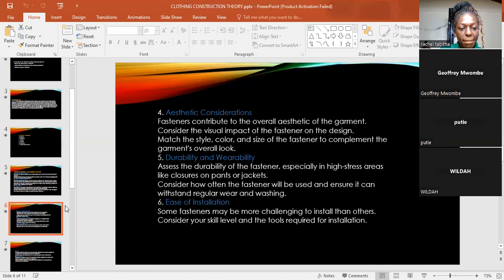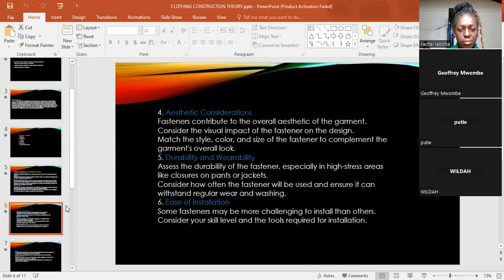I can say a fastener is always attached for aesthetic considerations, and it is attached on a double fabric. Do you know the reason why a fastener is attached on a double fabric?